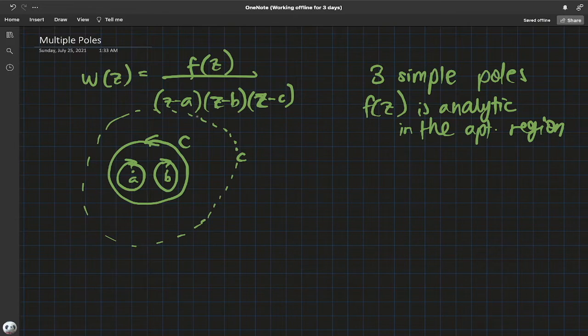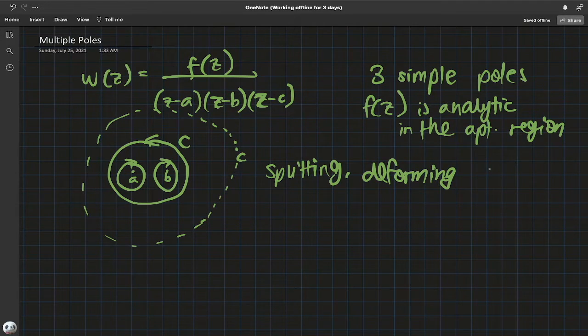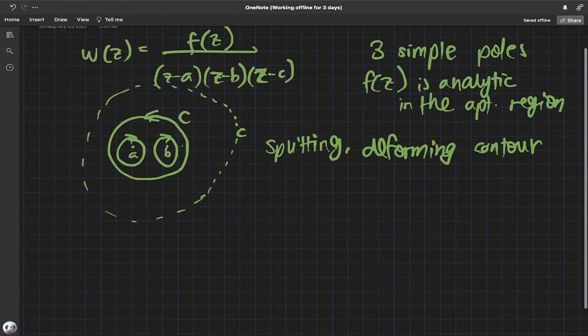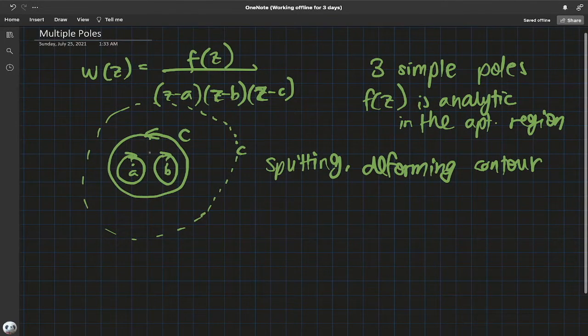The thing is, we're going to have to split our integral, and this splitting makes sense because we are deforming the contour. So we are going to deform contour C and write it as a sum along contour C1, which is this one, and contour C2.